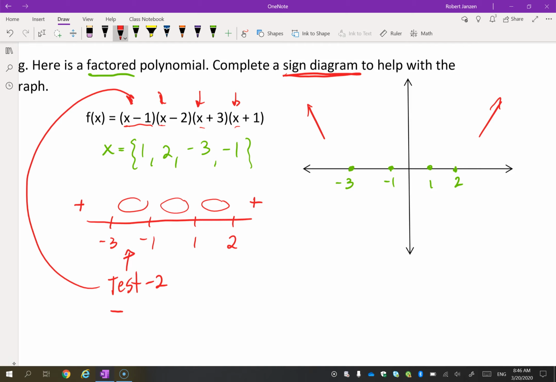If I put -2 here, that will be -2 take away 2, that's also negative. -2 plus 3, that's positive, and -2 plus 1, that's negative. If I multiply these together, I end up with negative. So I know the graph here is negative.